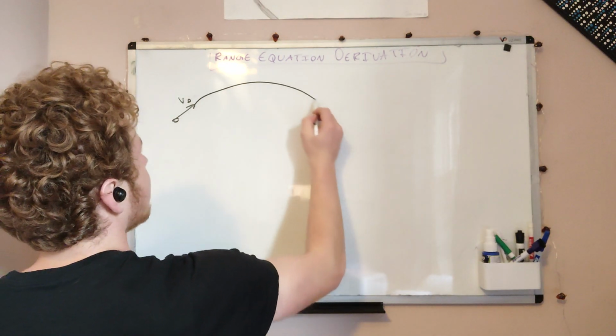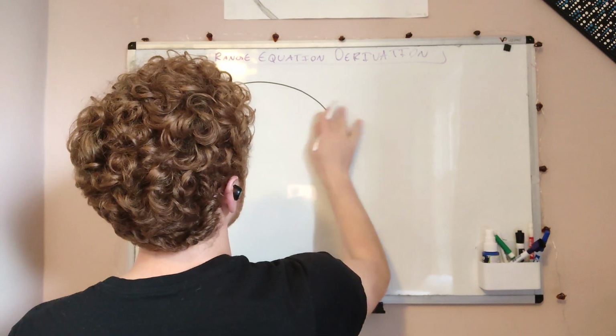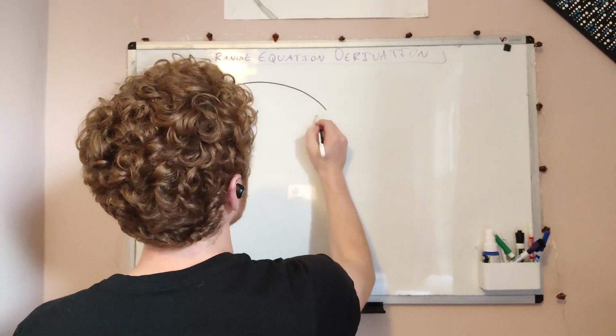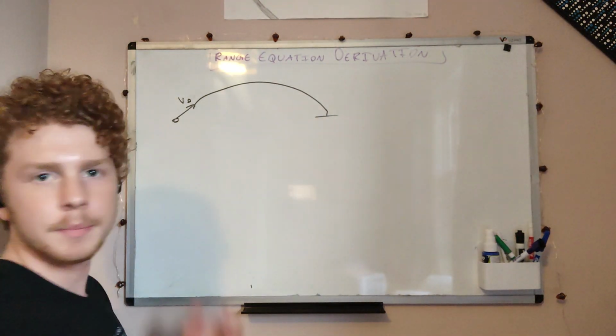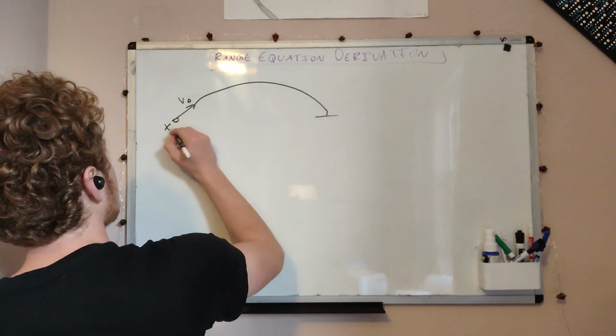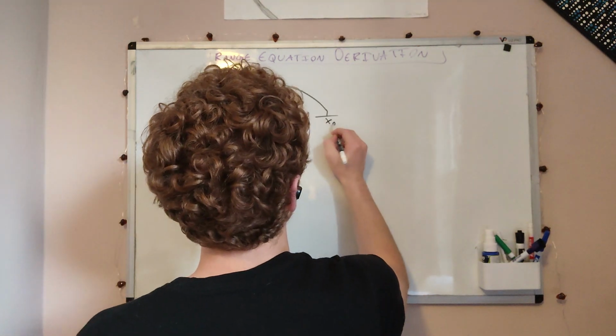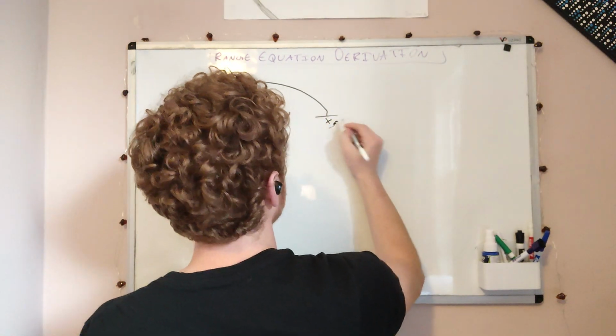And then this follows a parabolic path. Right? And it starts at point x naught, ends at point x hat.